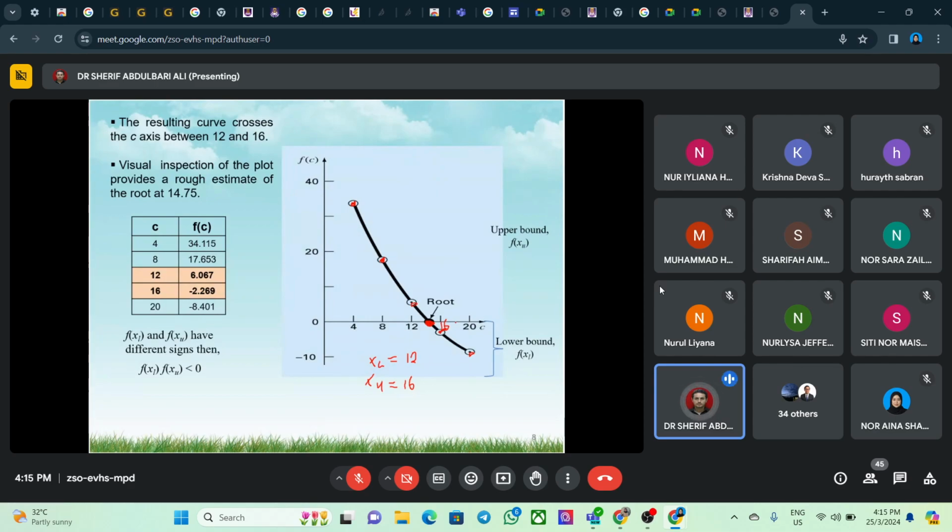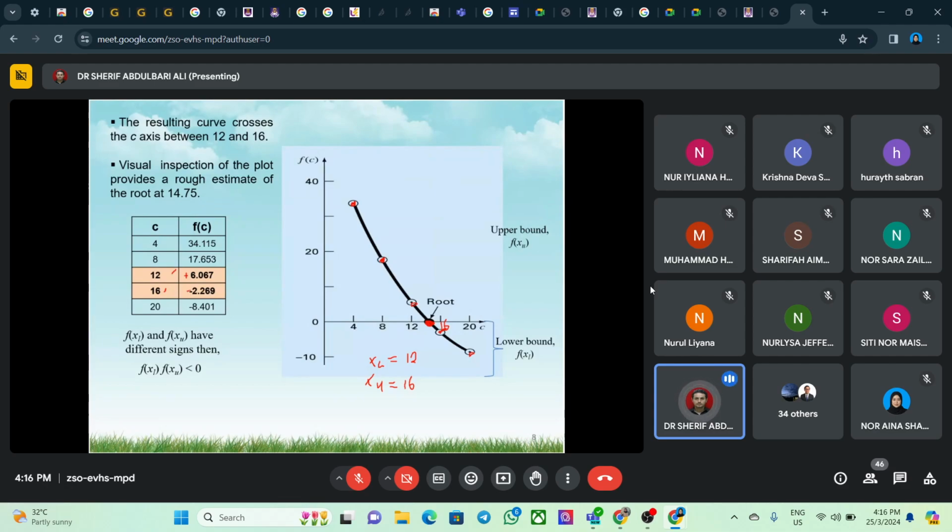Okay, there is something here also. Even if you are not going to make the figure or the graphical method itself, you can look at the table here. When C is equal to 12 and C is equal to 16, you're going to see that the function is changing sign. So this is from positive, it goes to a negative value.